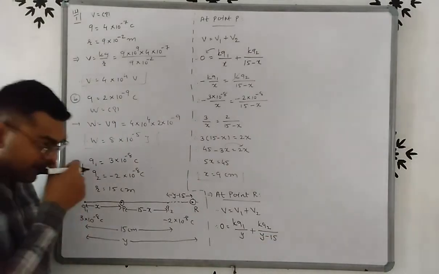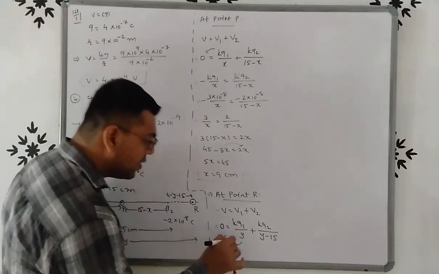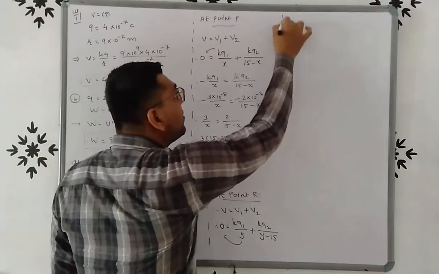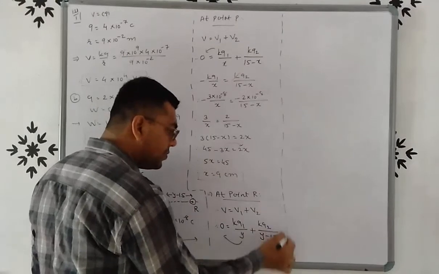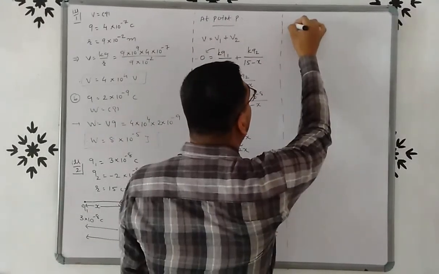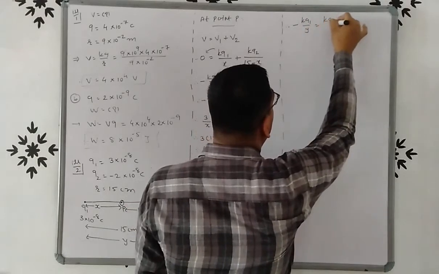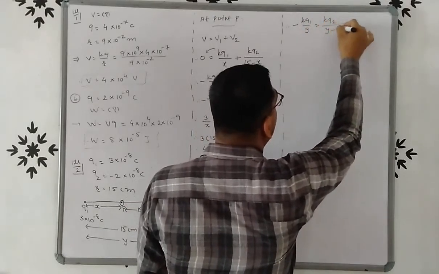Here we have to find out distance y, so here we take KQ1 upon y to the left hand side, so we get friends, minus KQ1 upon y is equal to KQ2 upon y minus 15.